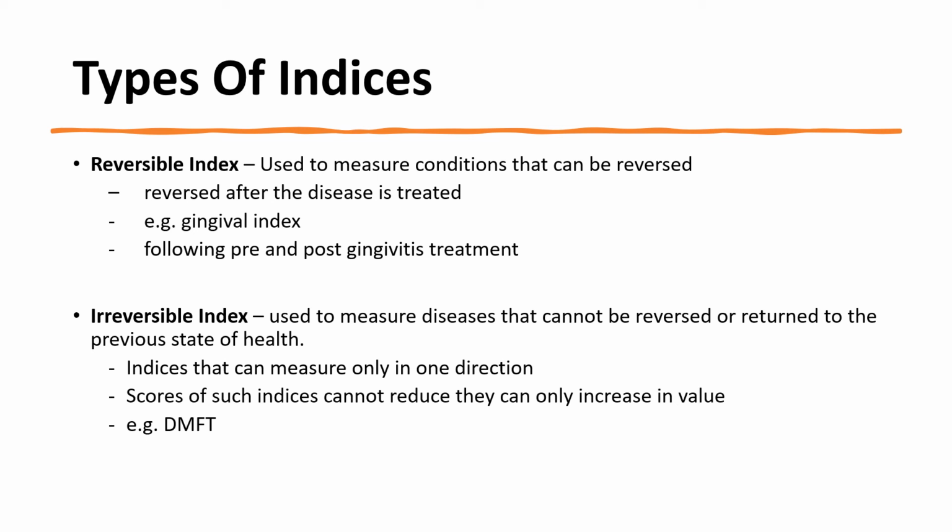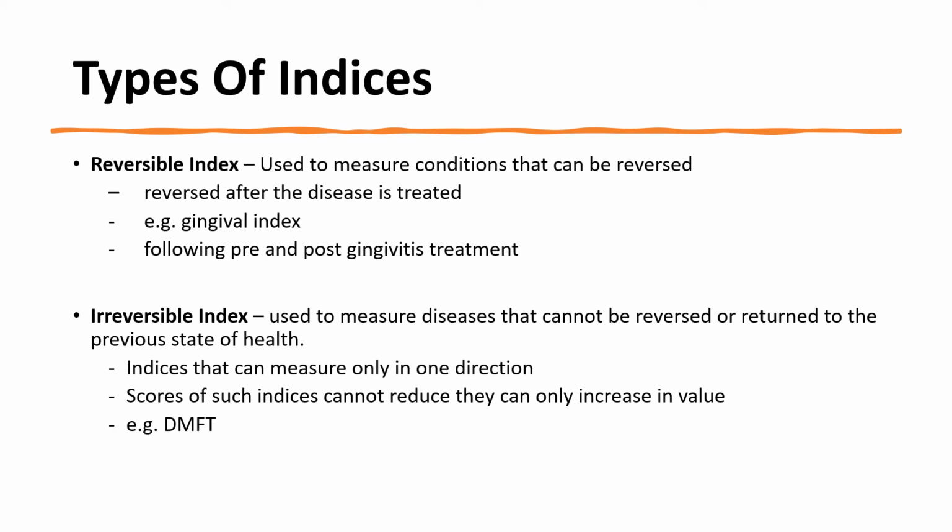Let's say you have a patient that is developing marginal gingivitis, you treat the marginal gingivitis, and the gingival margins return back to normal, and then you come back again to do a follow-up assessment, and you don't find the marginal gingivitis again. So that kind of index that you can use to detect the presence of the disease and also detect that the disease had been treated is a reversible index.